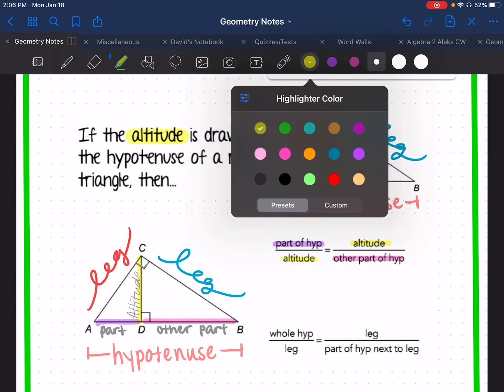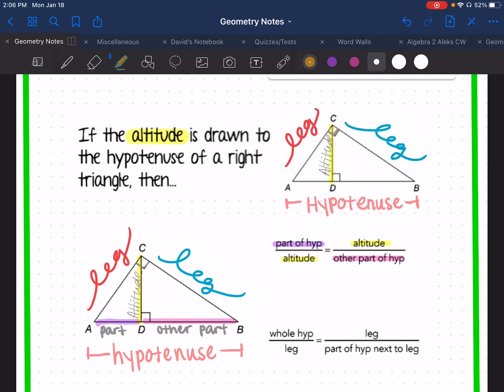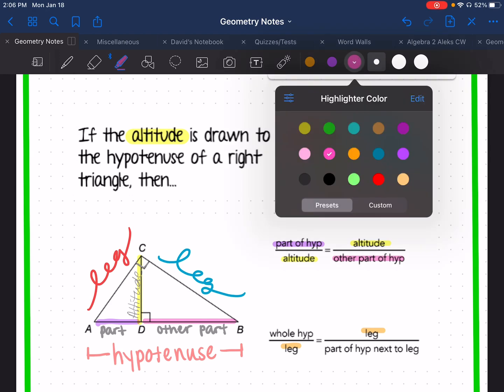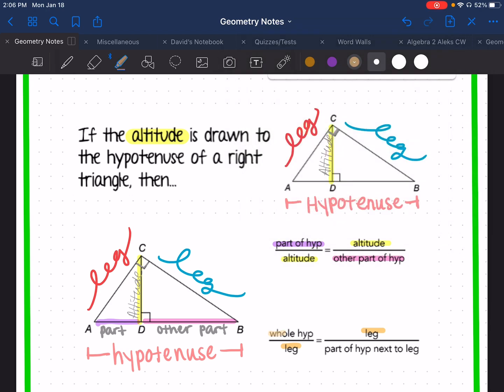Let me try to do this. Here we go. So if my orange leg were the hypotenuse, then I would use the whole hypotenuse, from beginning to end, from A to B. I'm trying to match the colors that I used to write them.